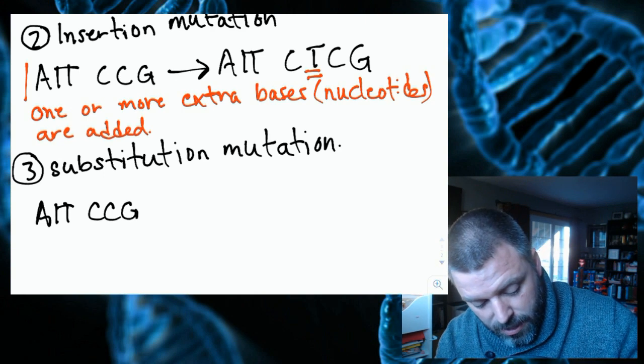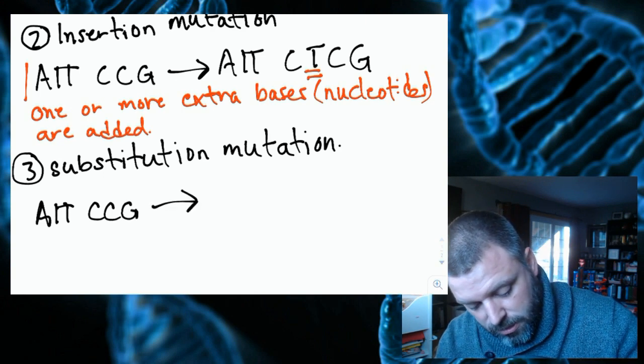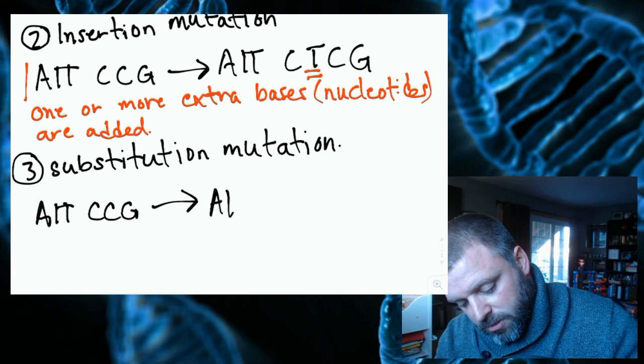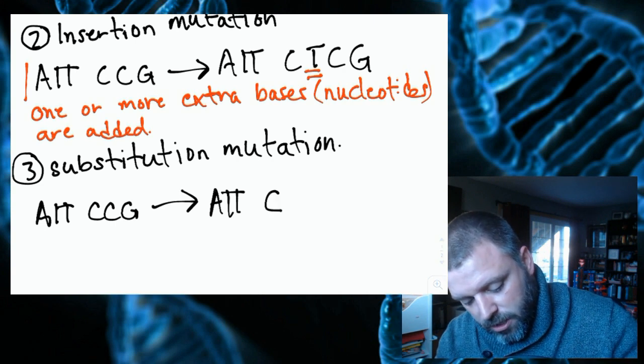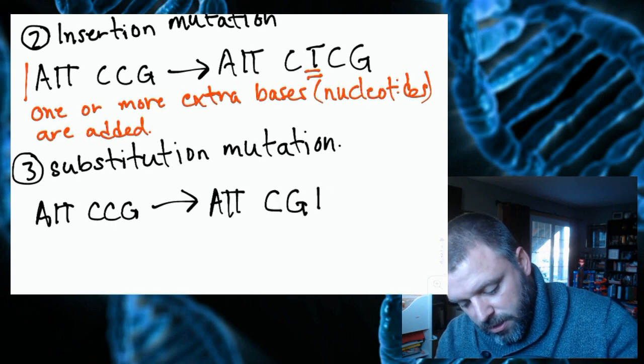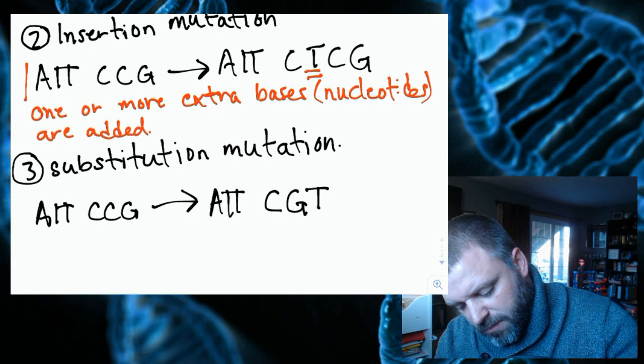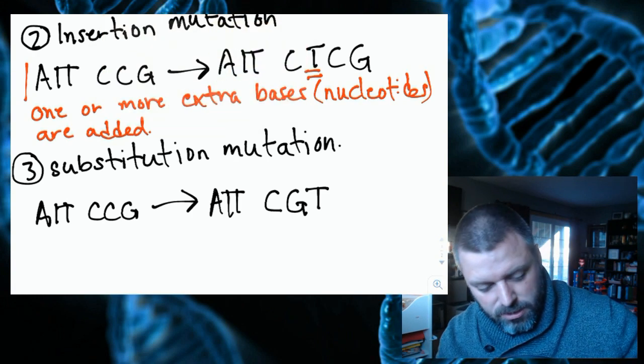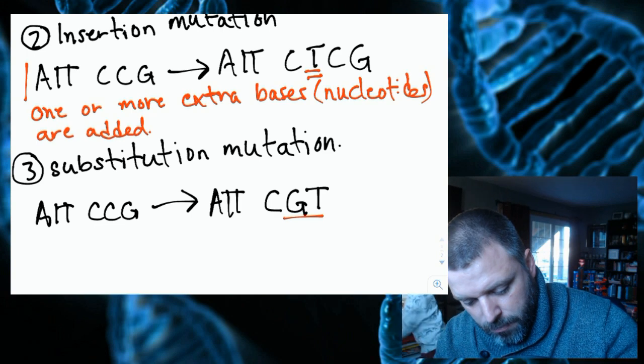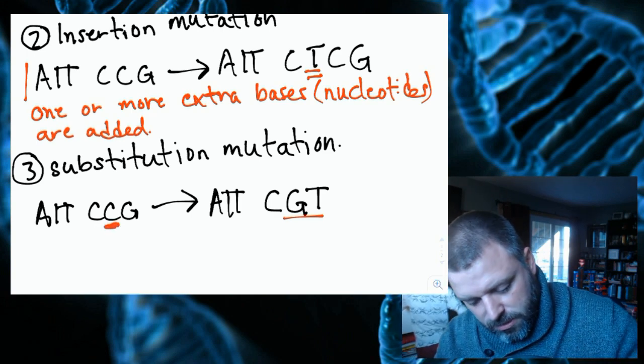So here let's start with my ATTCCG, and then I'm going to do a substitution mutation, and I'm going to change it to ATTCG and I'll make it even crazier, CGT. So in this case, my mutation is these two bases have changed.